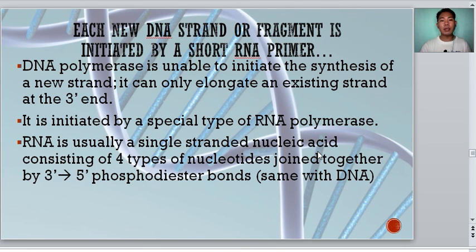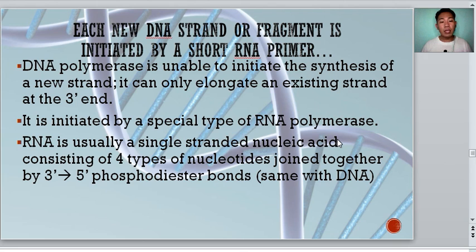In replication, each new DNA strand or fragment is initiated by a short RNA primer. So, DNA polymerase is unable to initiate the synthesis of a new strand. It can only elongate an existing strand at the 3' end.